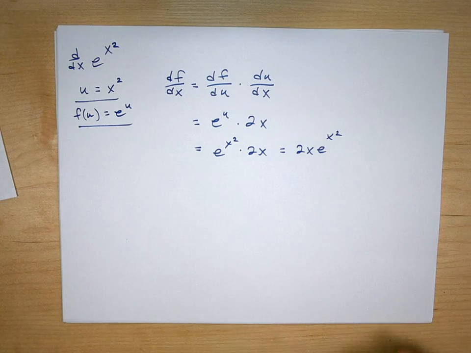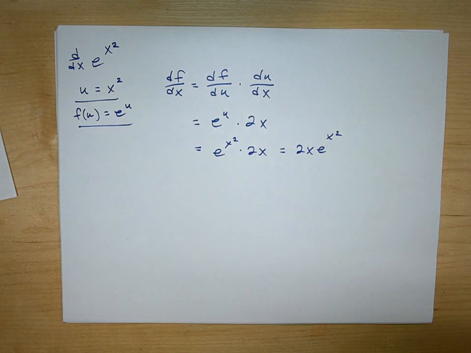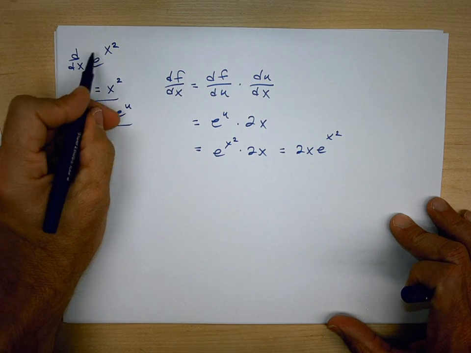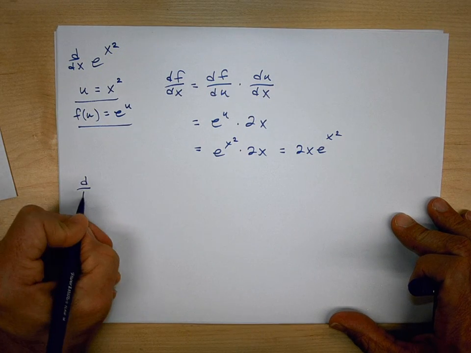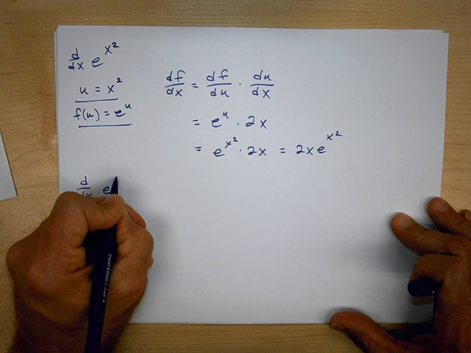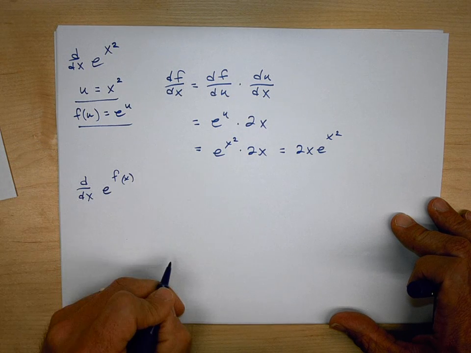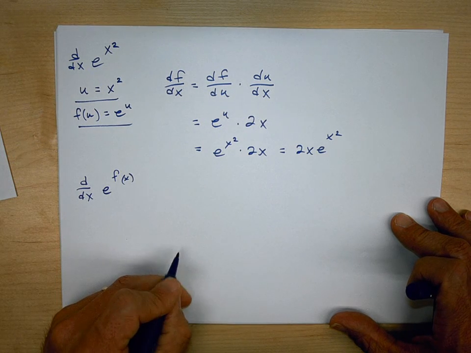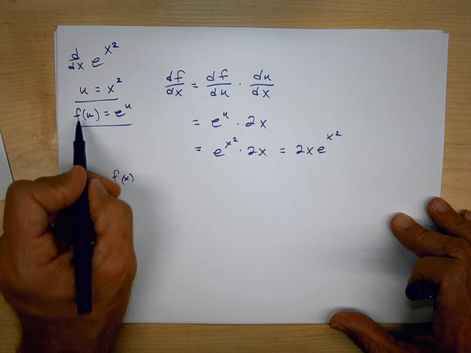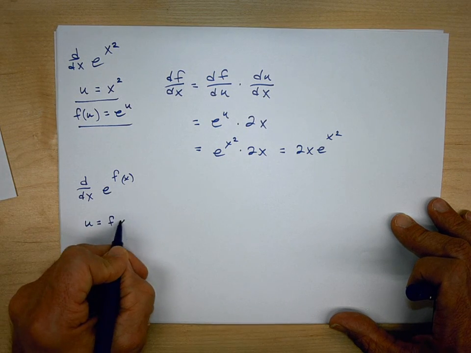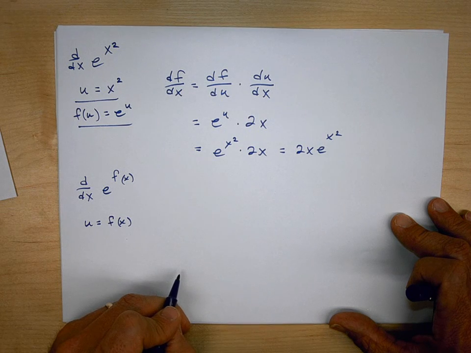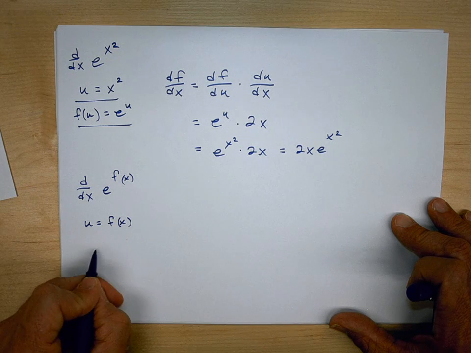Okay, so this is another case that's a specific case of a general rule. Let's think of taking the derivative of e to some function of x. If we let u equal f of x, then I'm going to end up with e to the u.